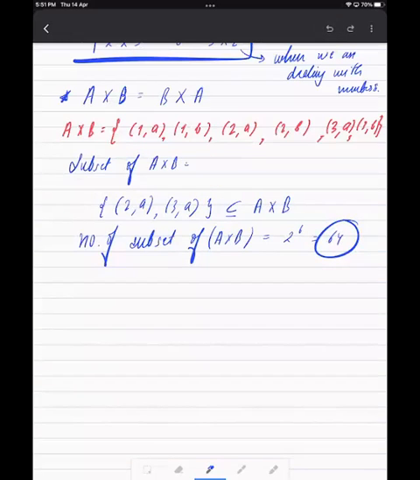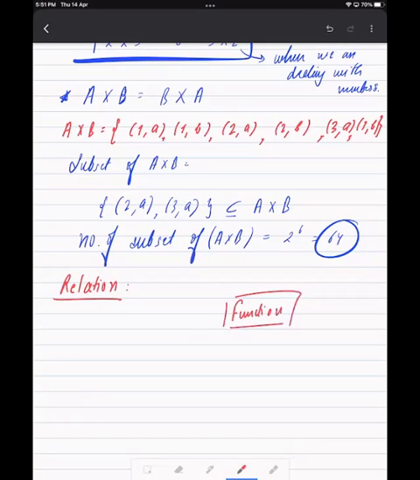So what is the use of all this? That is coming in my next definition, that is relation. From relation, we'll move on to functions. The topic of function is not taught very seriously because of the marks.